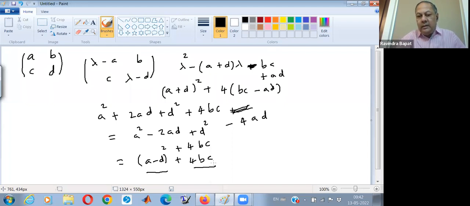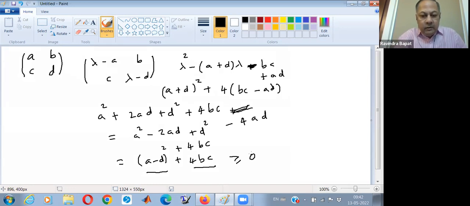So you can see that the non-negativity plays a very important role here. You may not have seen anything like this in your linear algebra course because this is not covered. People are not paying attention to these sign properties. But because of non-negativity, 4bc is non-negative, and so the discriminant is non-negative. So we can say that the roots are real, and then one of them must be positive.